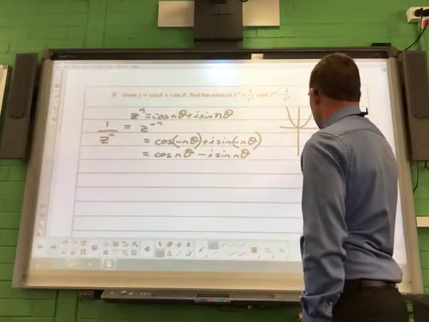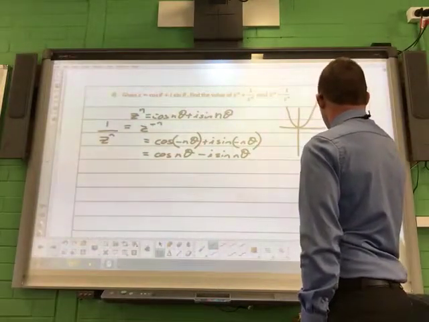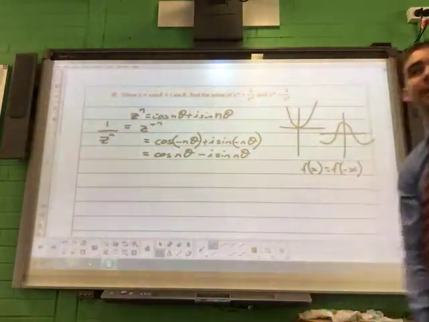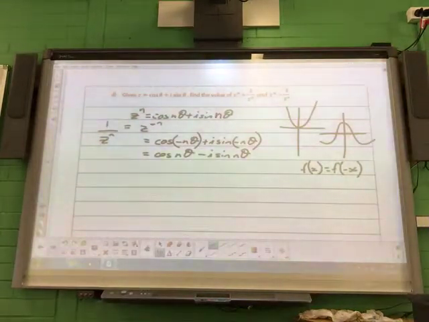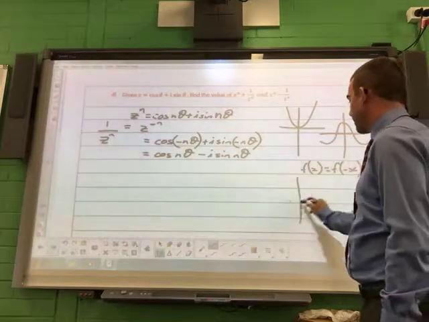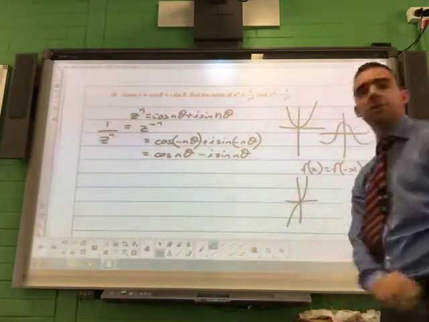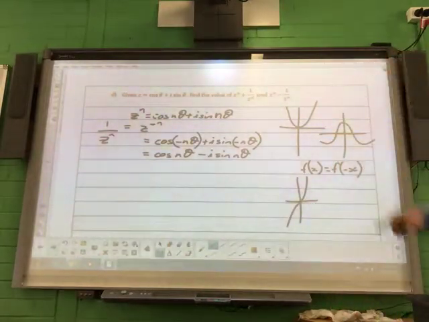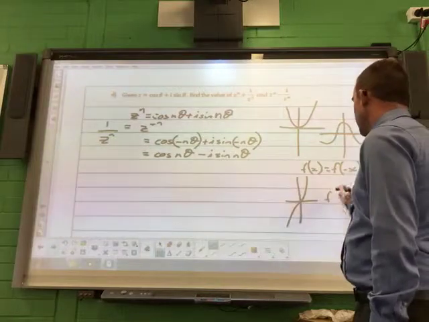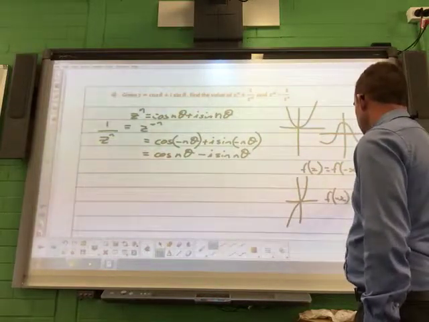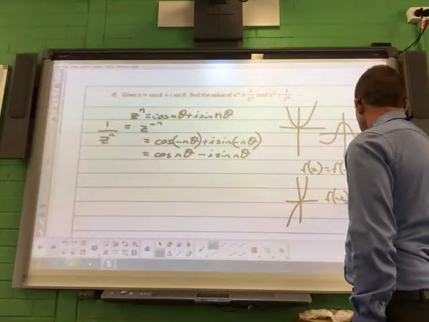So f of x equals f of negative x, where f is cos. Now your cubic is an odd function because there's a rotation of 180 degrees, and that one is f of negative x is equal to negative f of x.